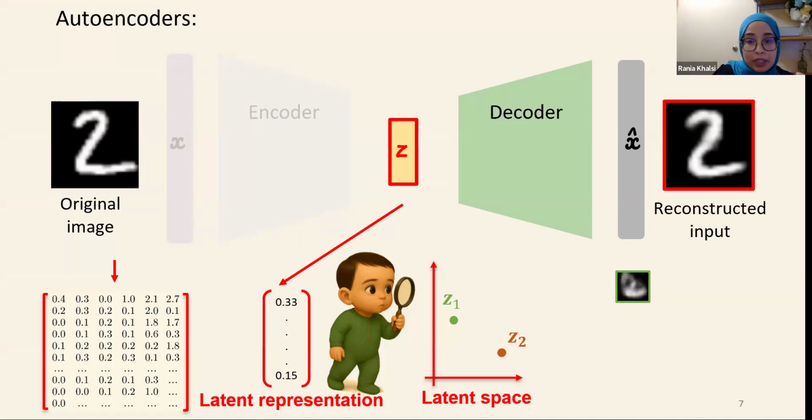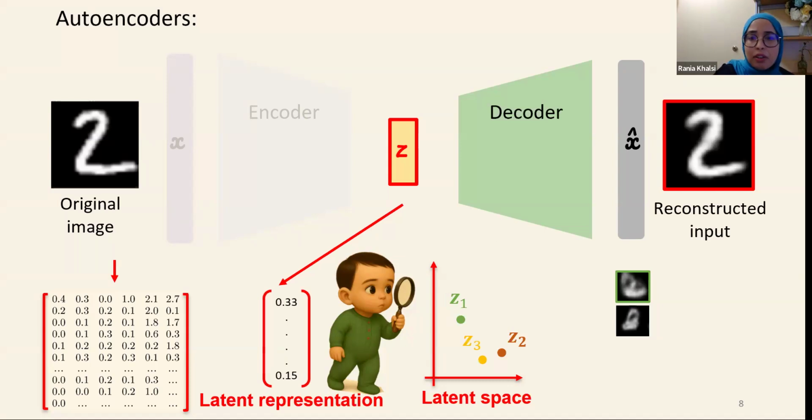It has a different latent representation, so the vector is not the same. We don't have the same values. Again, if it goes through the decoder, it is going to result in a worse reconstructed version that doesn't even look like the input. So these reconstructed versions, whether for Z1 or Z2, don't even look like number 2, which is in the original image.